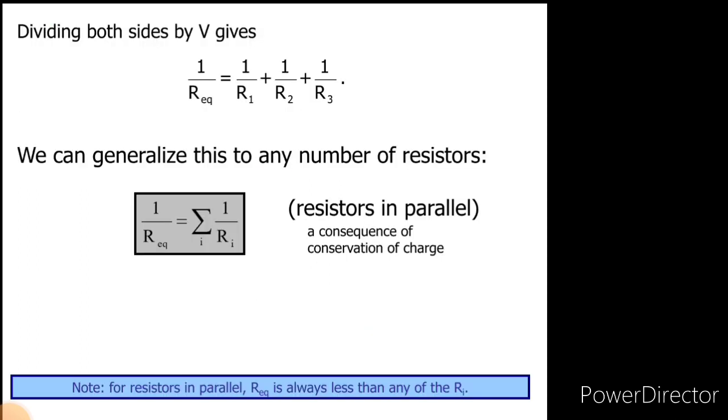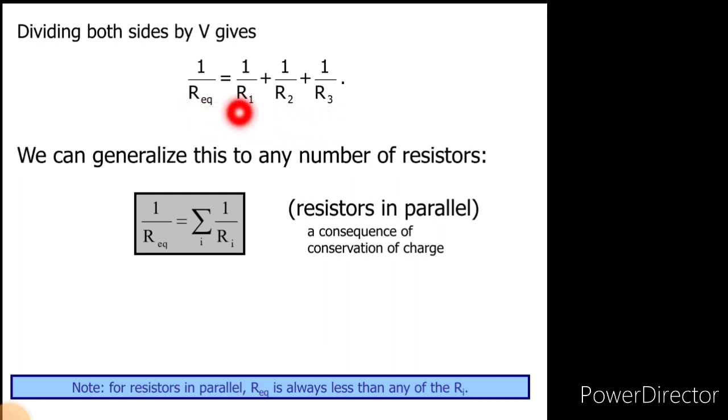Okay, so anong ibig sabihin nitong equation na ito? So, ibig sabihin nito, yung ating R equivalent will always be smaller than any of the individual resistances. Okay, so pag kinuha ninyo yung equivalent resistance, mas mababa siya kaysa sa any of these three.